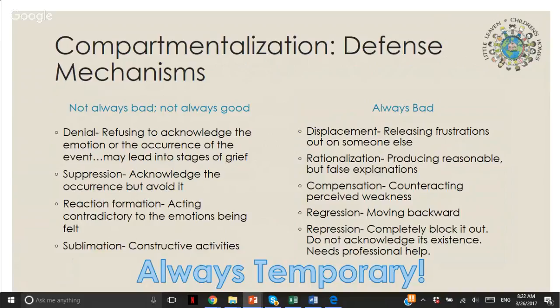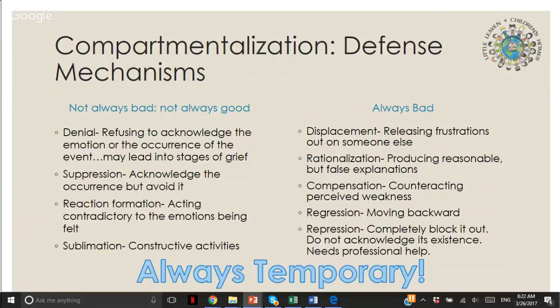Reaction formation. That's when you act different than how you really feel. You've seen this a lot on the playground, where a little boy will like a girl, and instead of giving her flowers, he'll hit her. That's reaction formation.